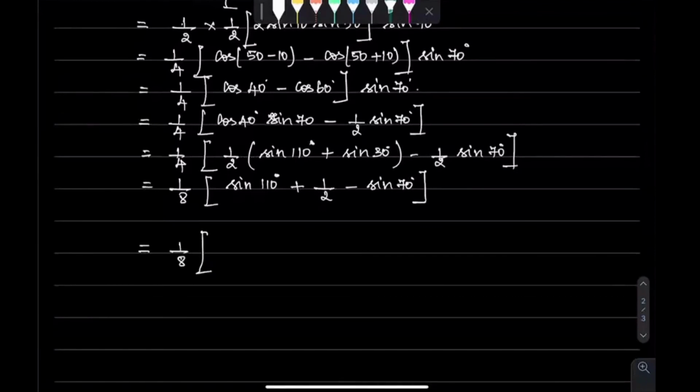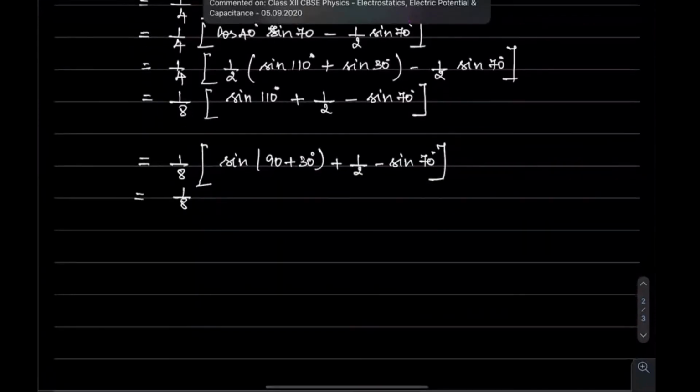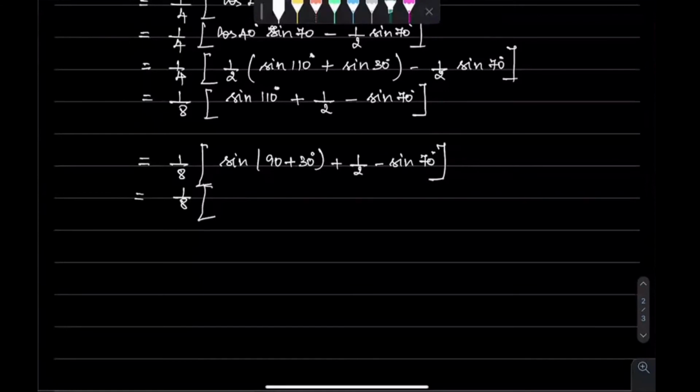So you see what I'm doing. Sin 110 can be written as 90 plus 20, plus 1 by 2 minus sin 70 degree. So which is nothing but 1 by 8 times of, what's sin 90 plus theta?